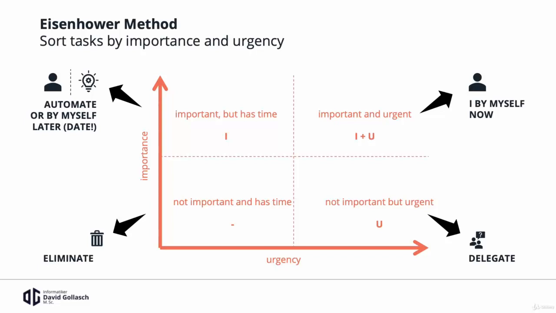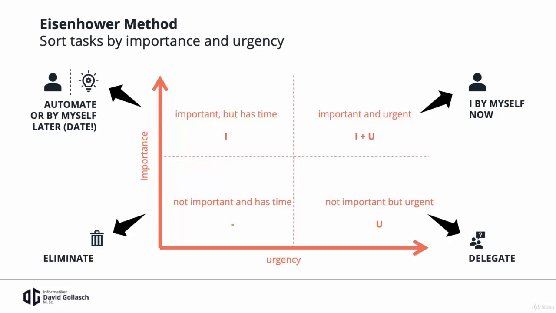And those tasks that are important and urgent are those that you're going to do yourself and now. So as fast as possible. So these are those tasks that you'll do now in the first place, that you'll focus on directly.